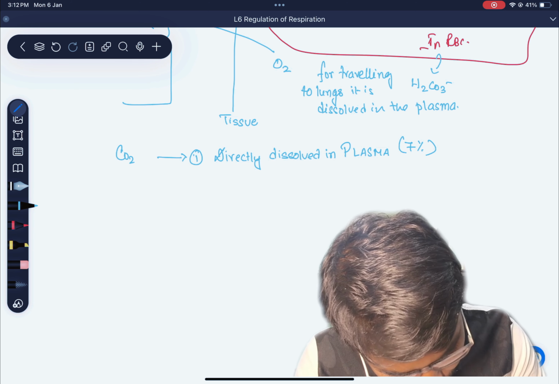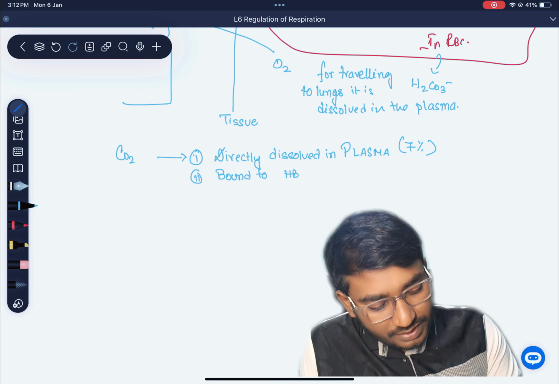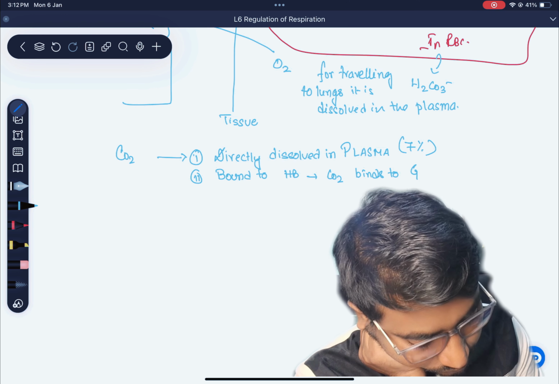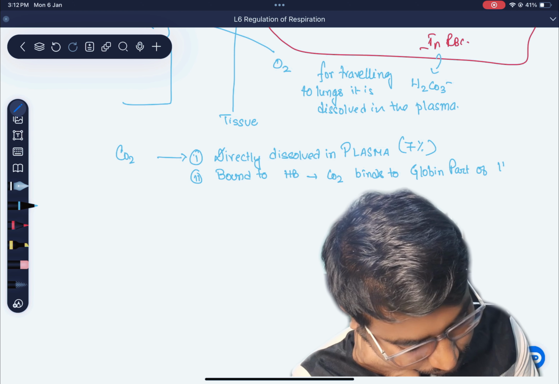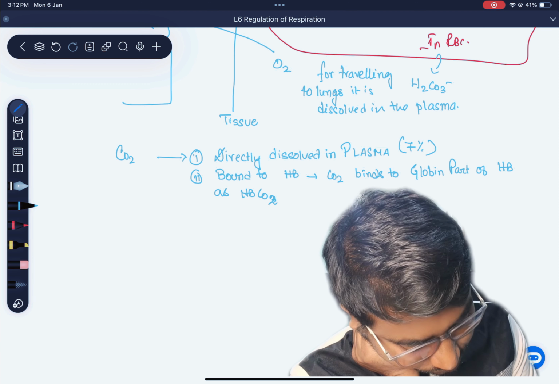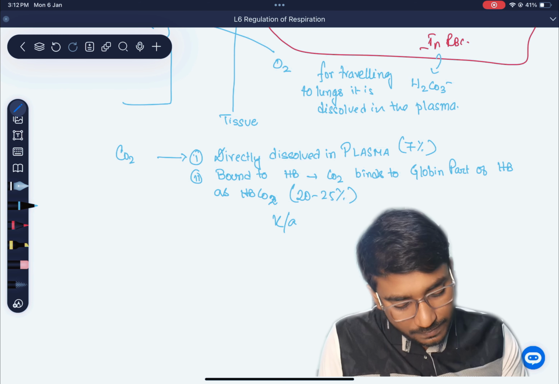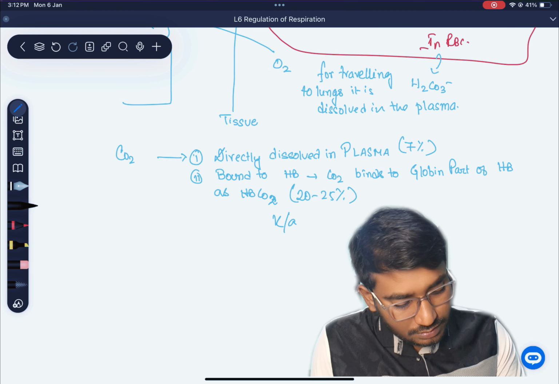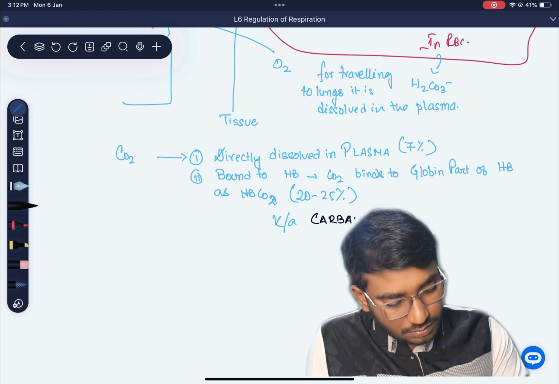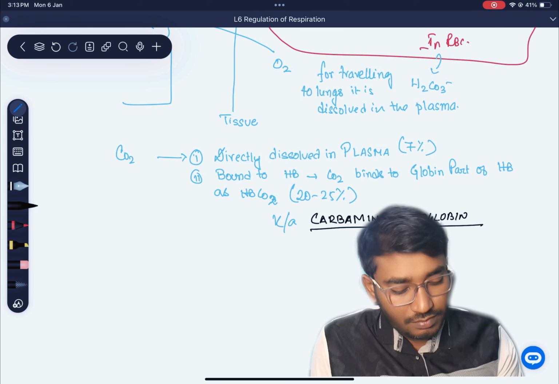Second, bound to hemoglobin, that is CO2 binds to the globin part of hemoglobin as HbCO2, 20 to 25%, known as carbaminohemoglobin.